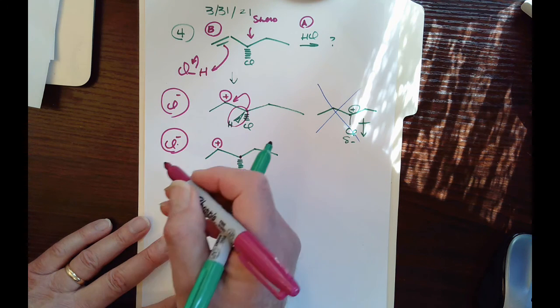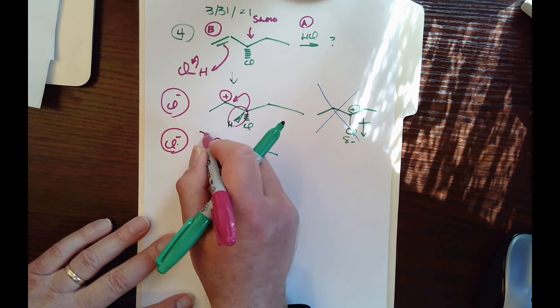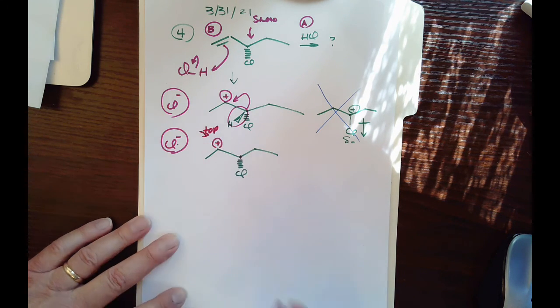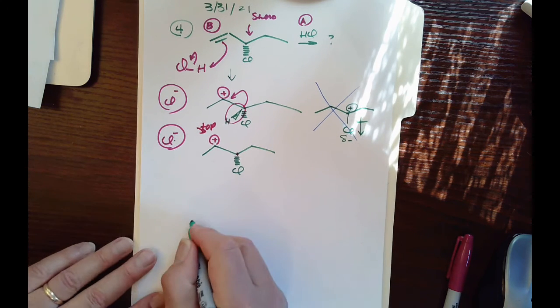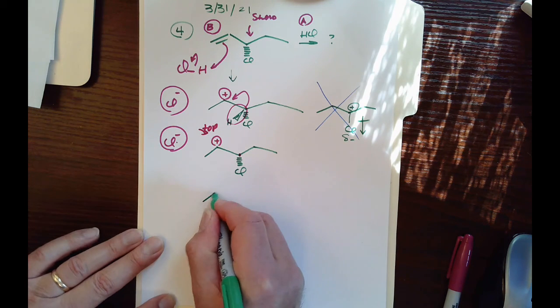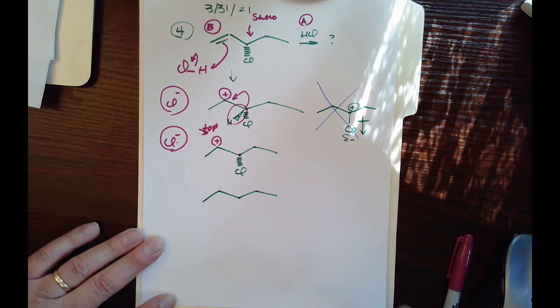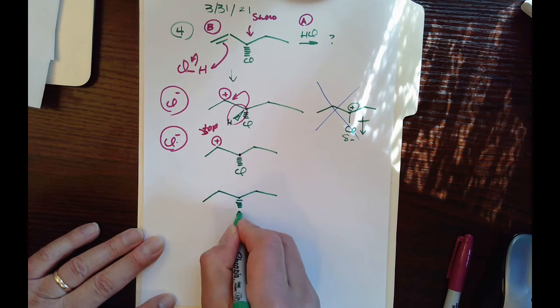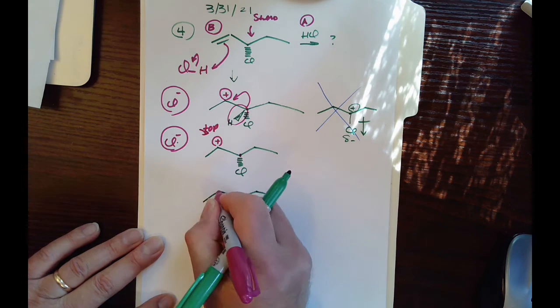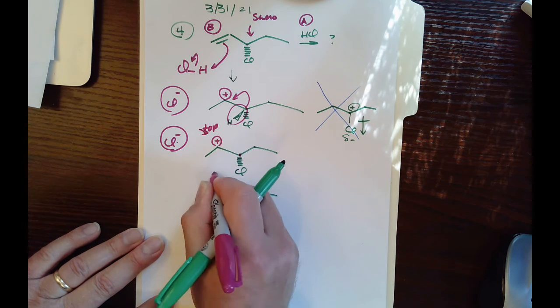So let's take a look at it. If it comes from the top, so let's draw it from the top. So we have the Cl here. So we put the Cl coming from the top, remember?